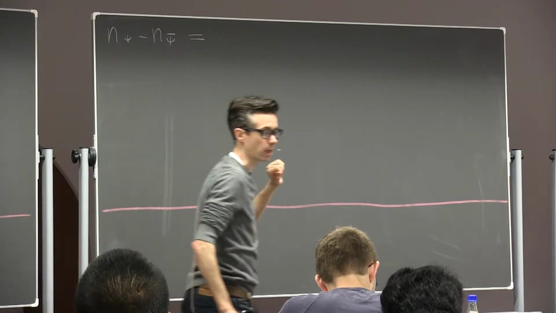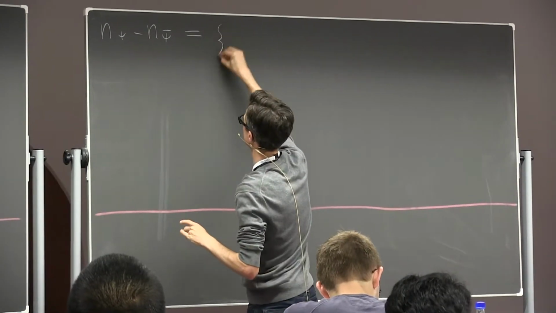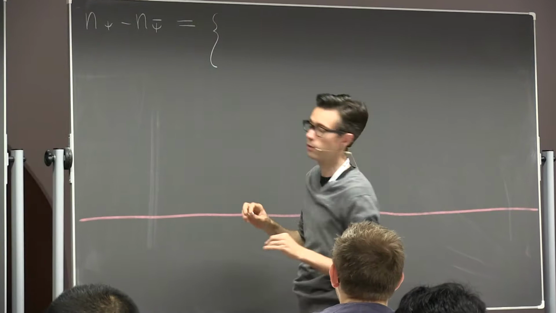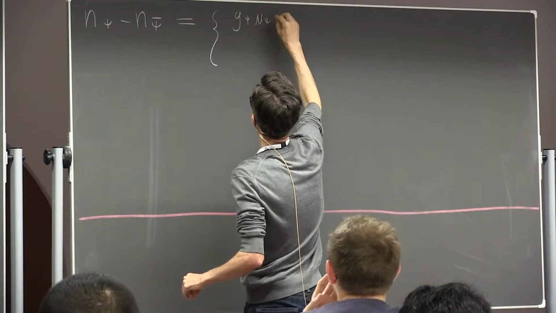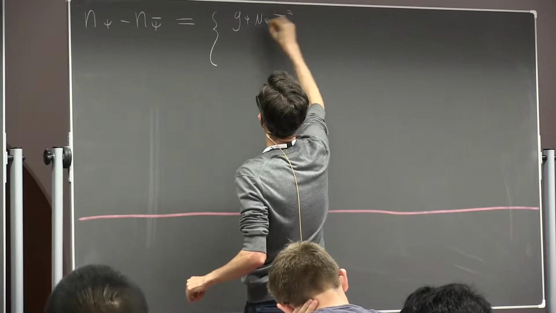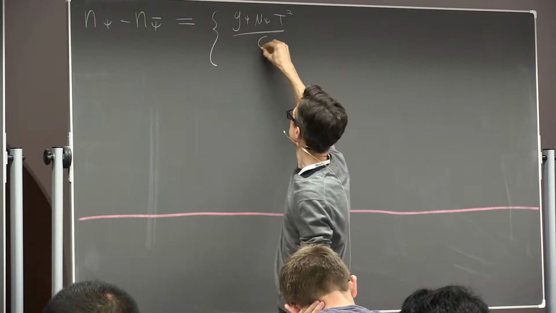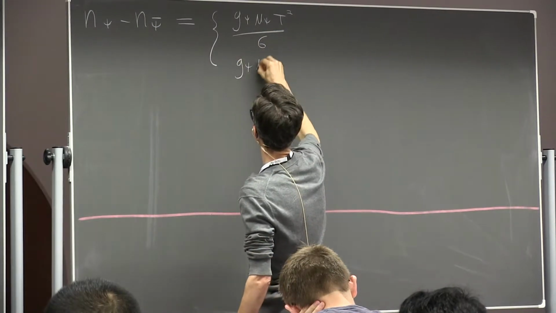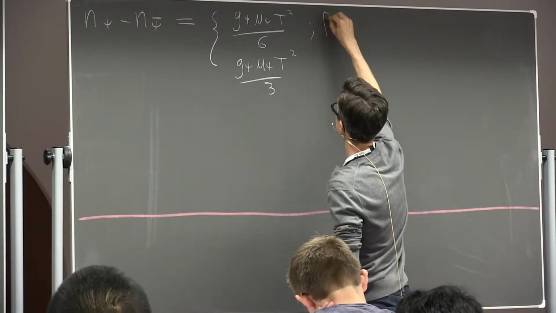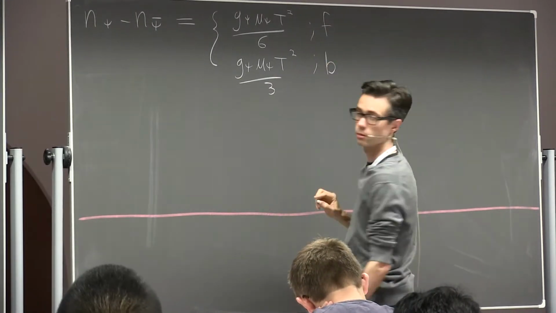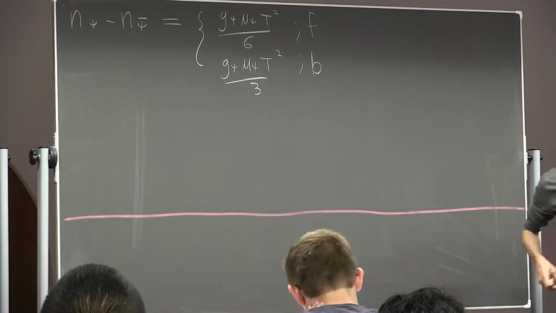So in this case, the number density asymmetry in the limit of a small chemical potential compared to the temperature is going to be either g psi mu psi T squared over 6, or g psi mu psi T squared over 3, depending on whether it's a fermion or a boson. So the 3 versus the 6 comes down to Fermi-Dirac versus Bose-Einstein statistics.